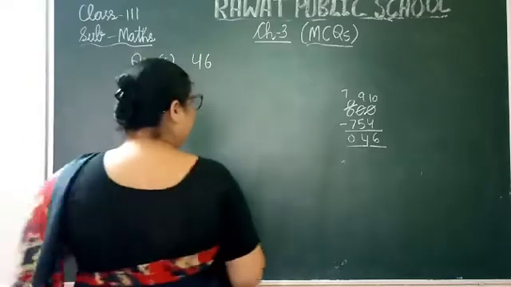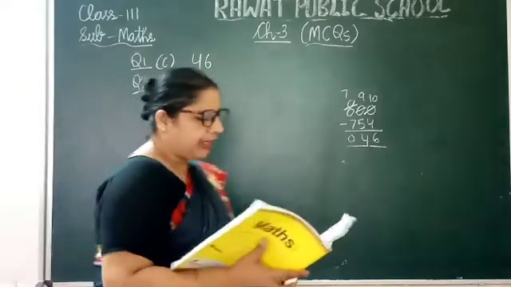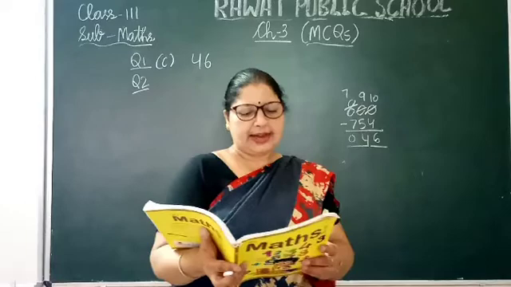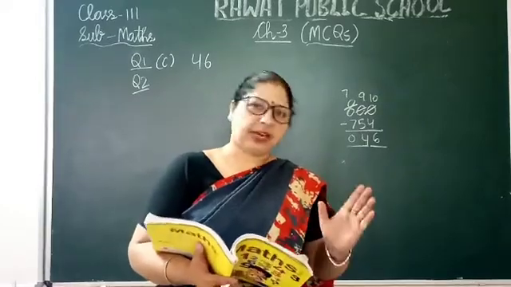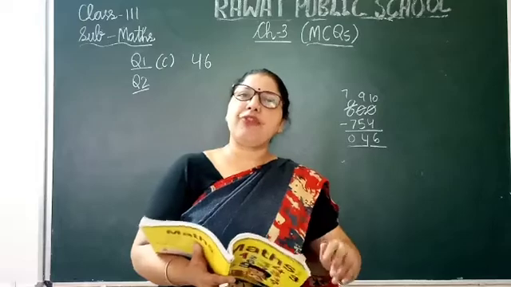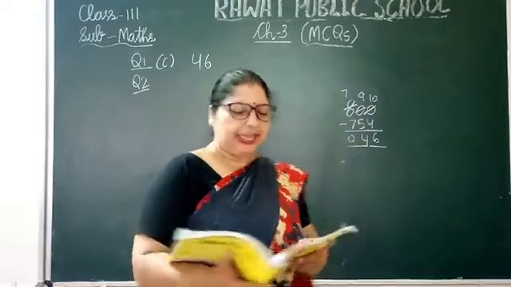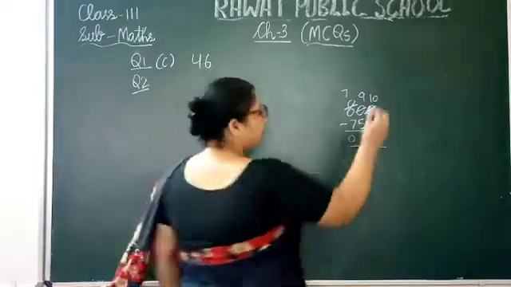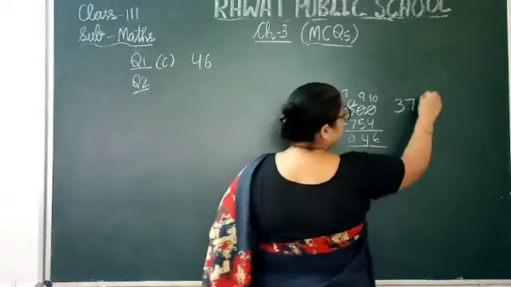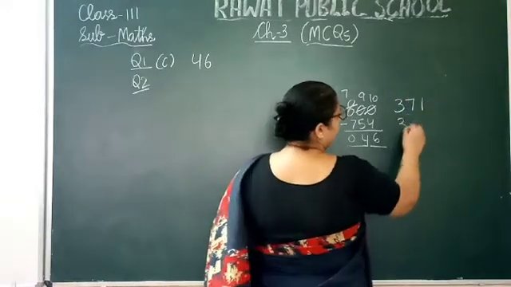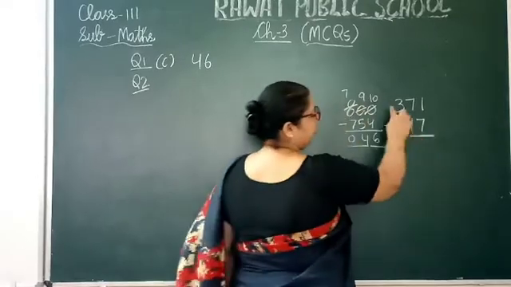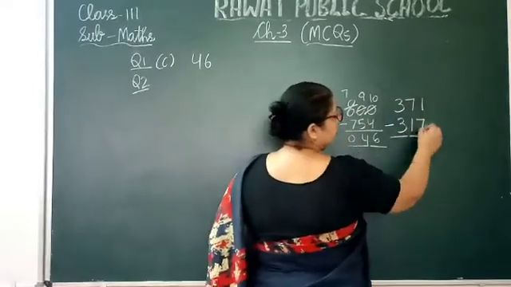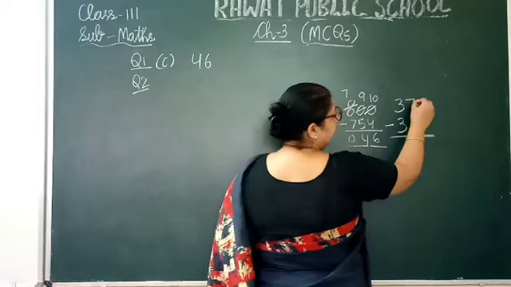Then question number 2. What is the difference of 317 and 371? Difference means subtraction. Which number is bigger? 371. And which is smaller? 317. So we subtract 317 from 371. 1 is less than 7, so we take a carry.